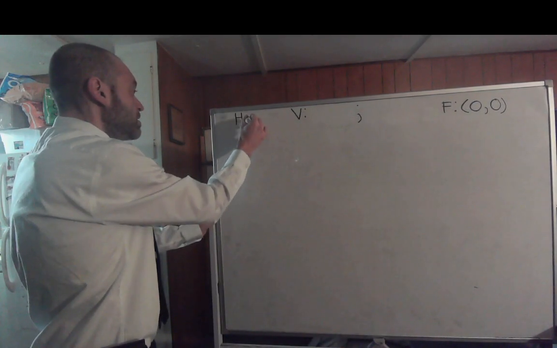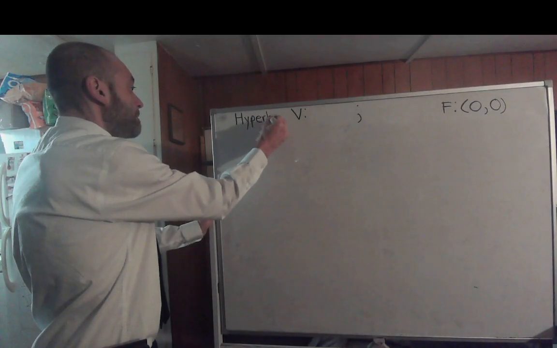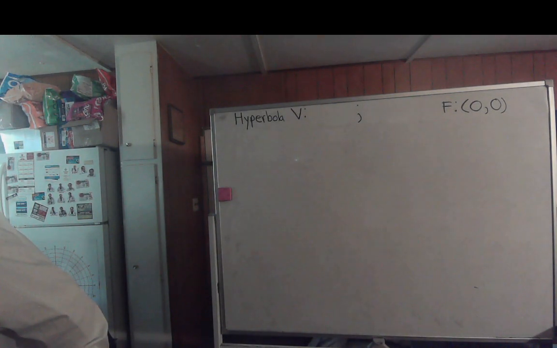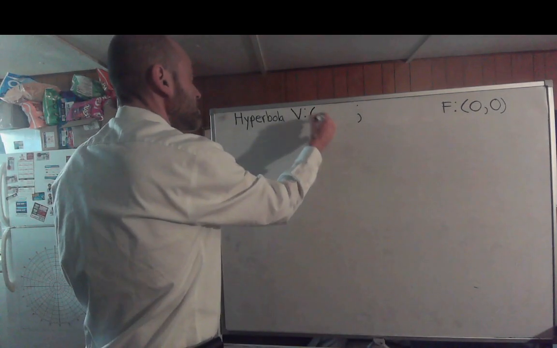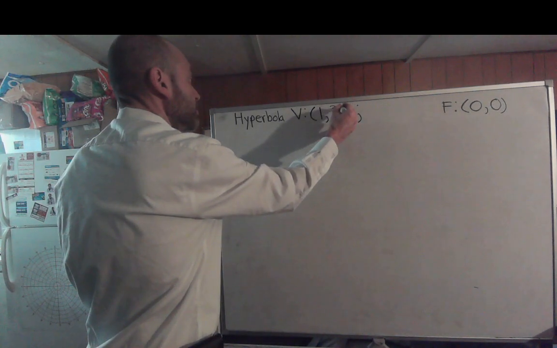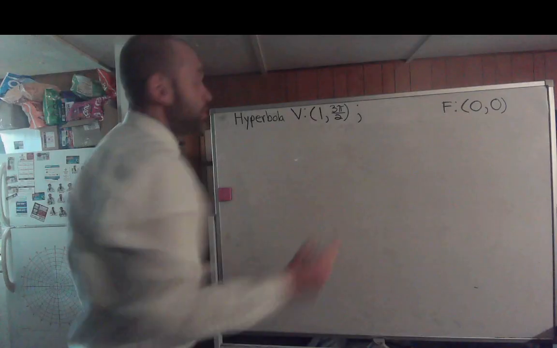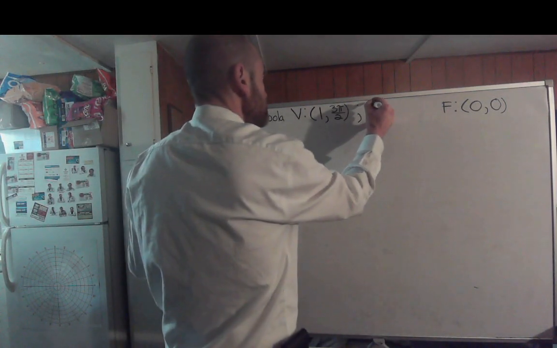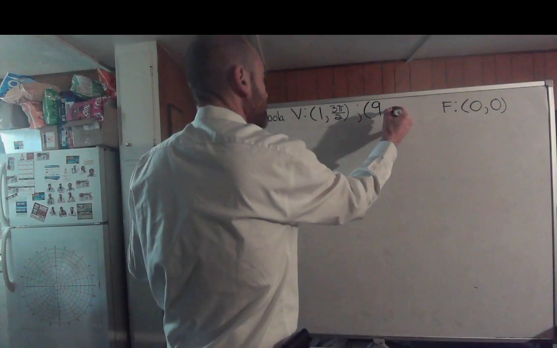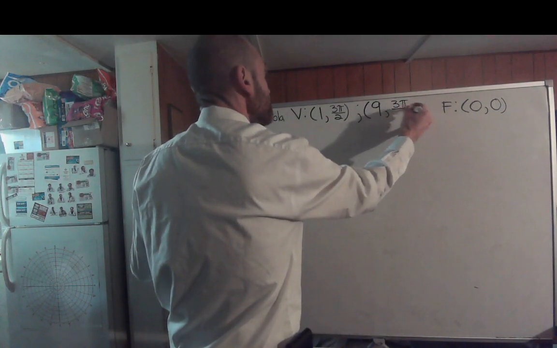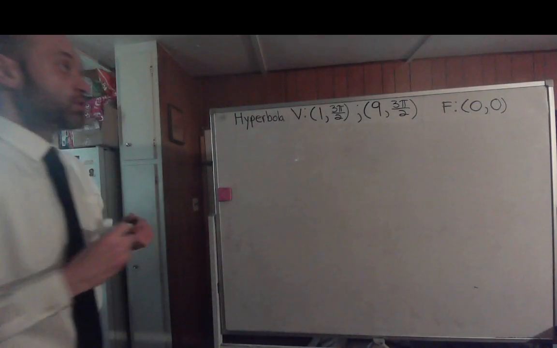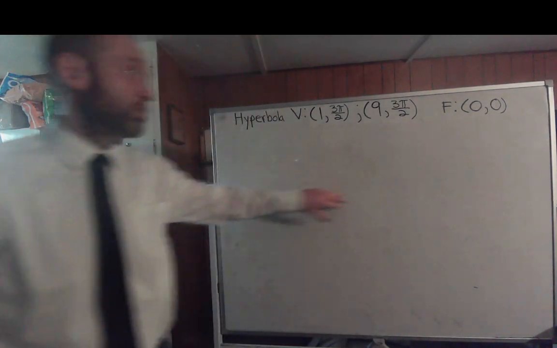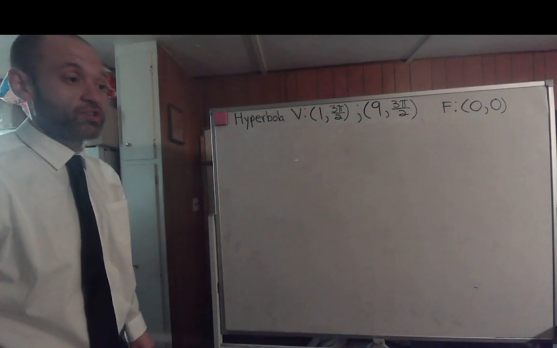So we have a hyperbola here with a vertex at (1, 3π/2) and another one at (9, 3π/2). All we've got for this particular hyperbola are the vertices and a focus at (0, 0). We're going to have to do a little bit of work to find the eccentricity and all that.